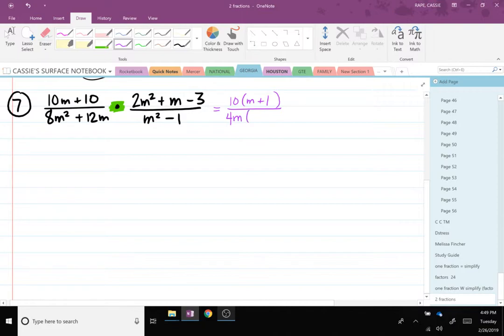If I take 4m out, I end up with 2m in the first term plus 3. And remember, I took that m away from the 12m, and so plus 3 is the answer there, times, and I'm just going to go ahead and extend that line, 2m squared plus m minus 3.